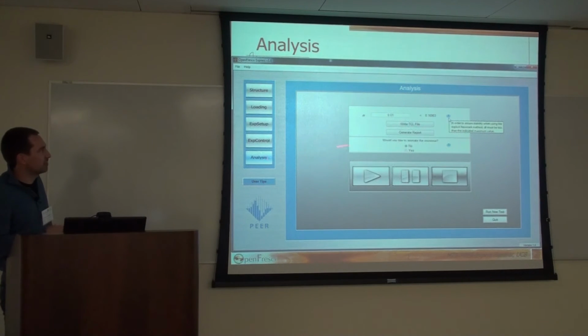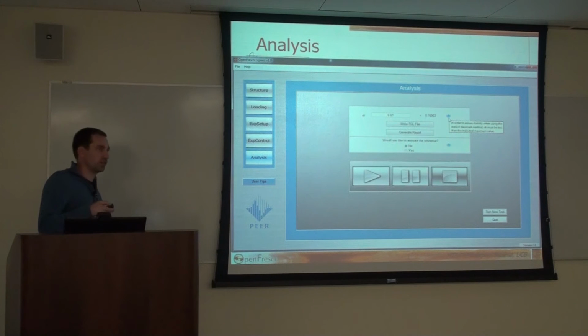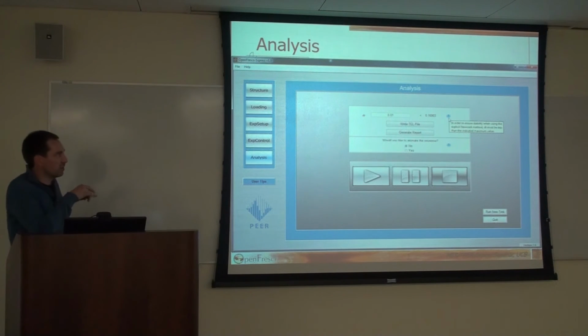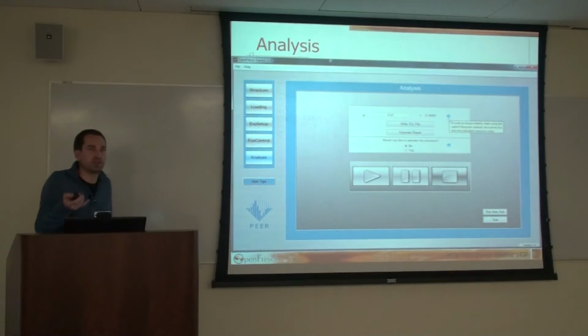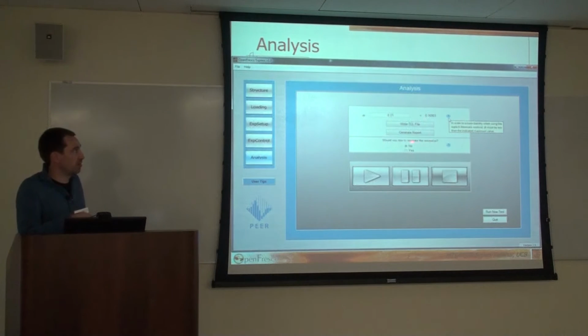So you come to the analysis page. It basically tells you what the DT is that is being used. For this simple graphical interface, what we're doing internally will be that we are always using that explicit Newmark method that Salim has mentioned and Sean has mentioned as well. So that's what's implemented in there.